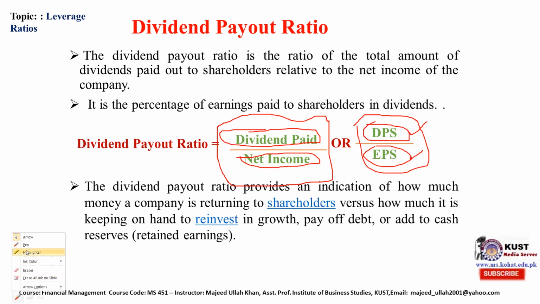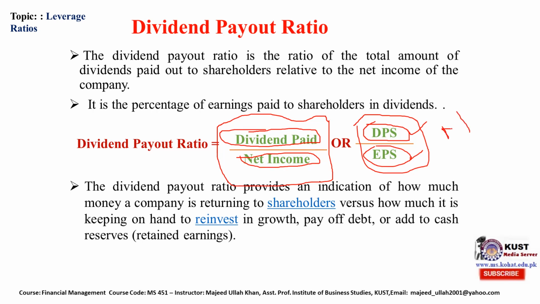Dividend payout ratio indicates how much money of the company is returning to shareholders versus how much is kept in hand to reinvest in growth, pay off debt, and add to cash reserves or retained earnings. That means we have a net income.